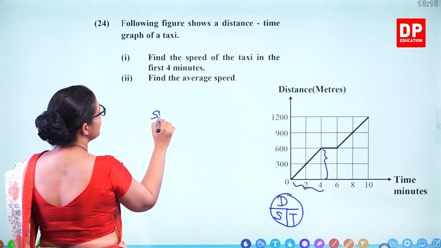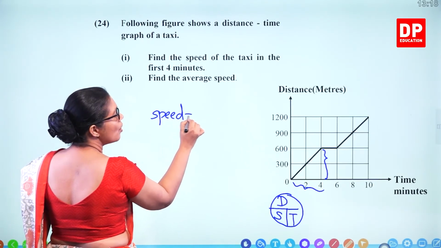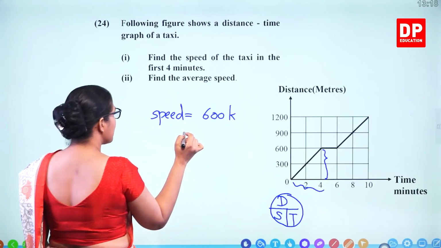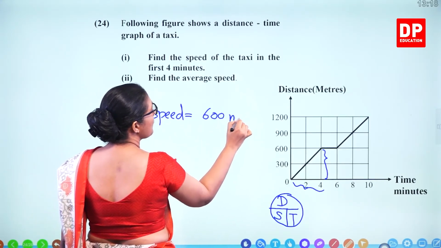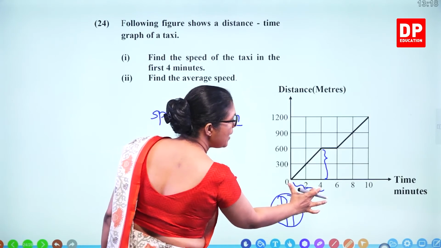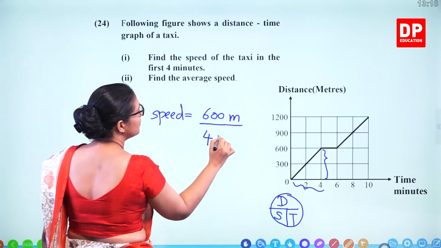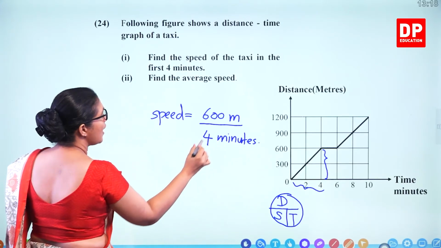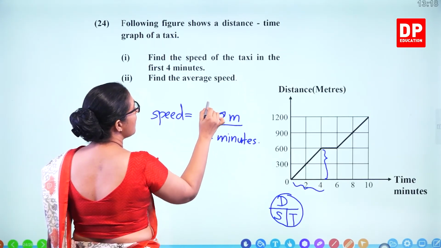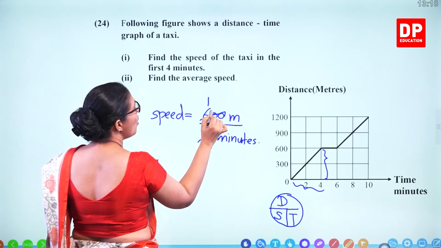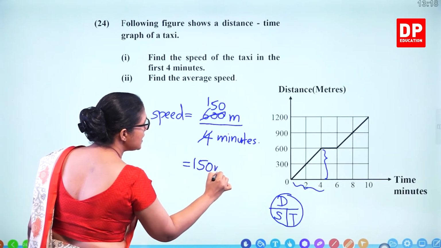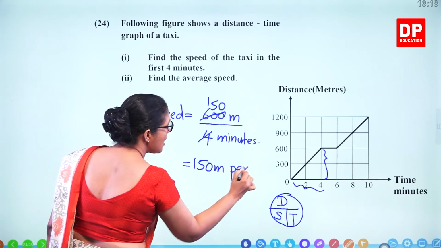Speed is equal to 600, the distance in meters, within 4 minutes. So you can simplify: 150 meters per minute.